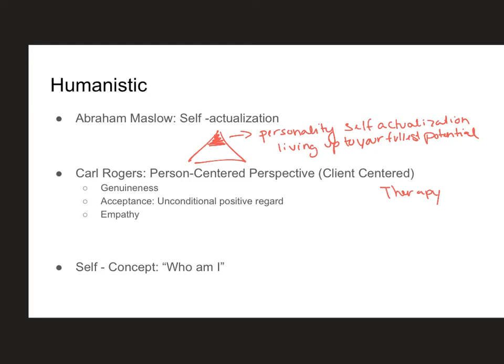He said your personality is focused on three things: how genuine you are, how willing you are to accept others, your unconditional positive regard, and empathy. So this is what makes up your personality. And there was this focus for humanistics in general on the self-concept, who am I, trying to determine that for a person.